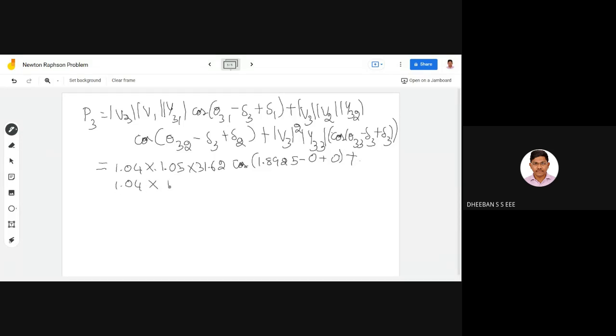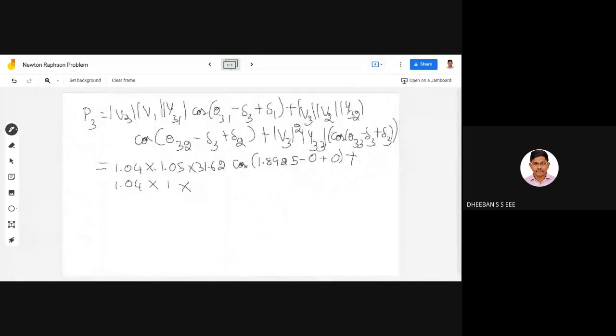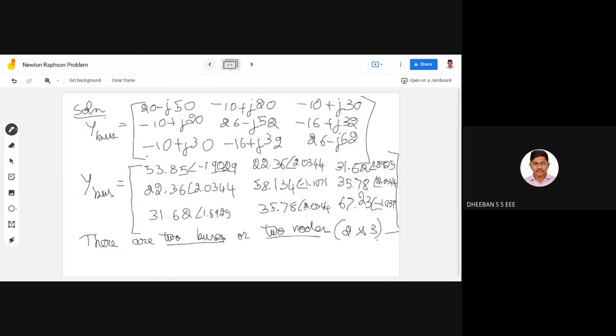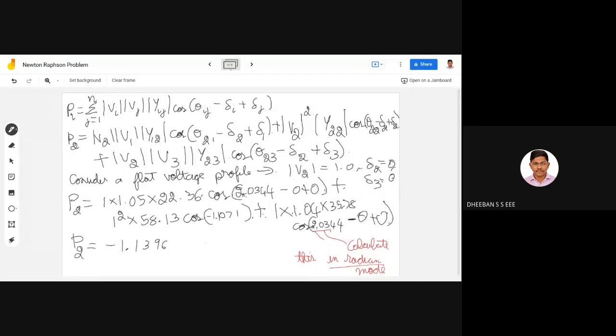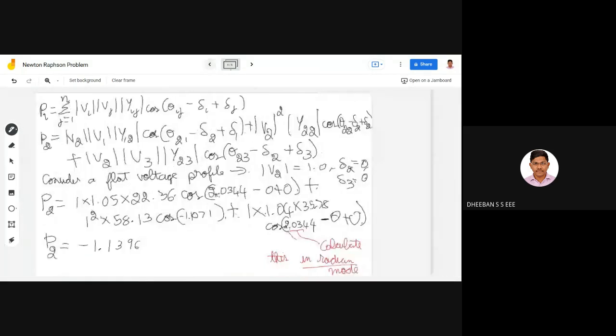So for V2 you have to consider your flat profile, so it is 1 into Y32. Y32 is 35.78, cos of, it is 2.0344. Okay, so here your del 3 is 0 and del 2 is also 0.